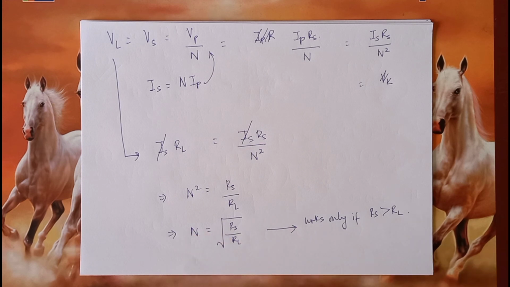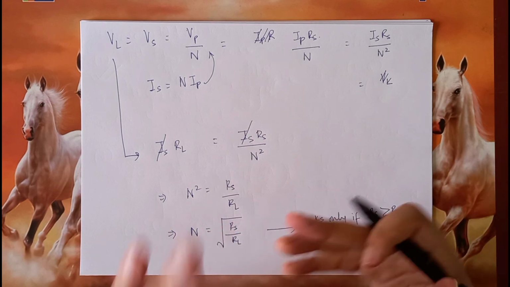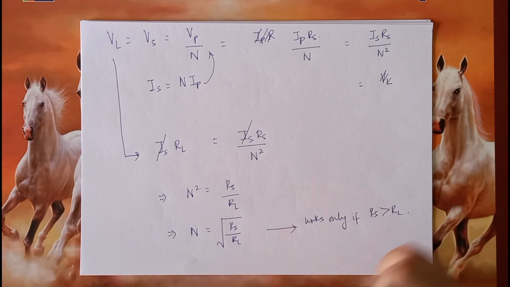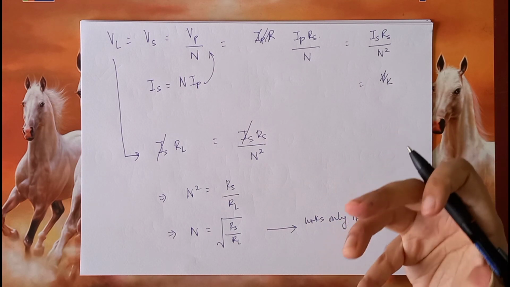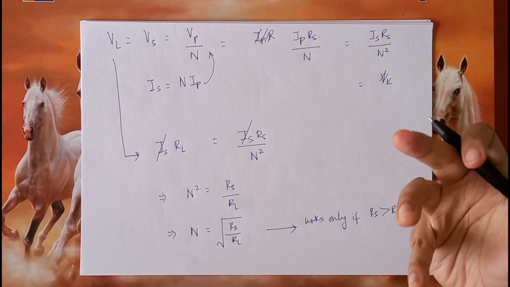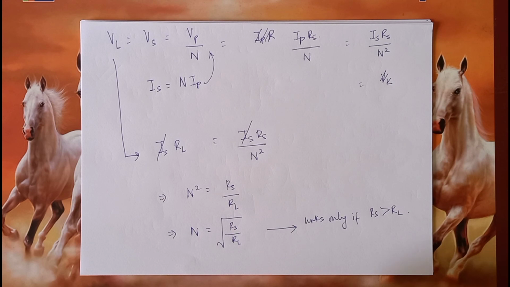the value of N need not always be an integer. When we are designing an actual transformer for power electronics applications, we try to have the windings as an integer ratio. But this may not happen. Also in practice, if we were to use a transformer, most transformers have some kind of loss.